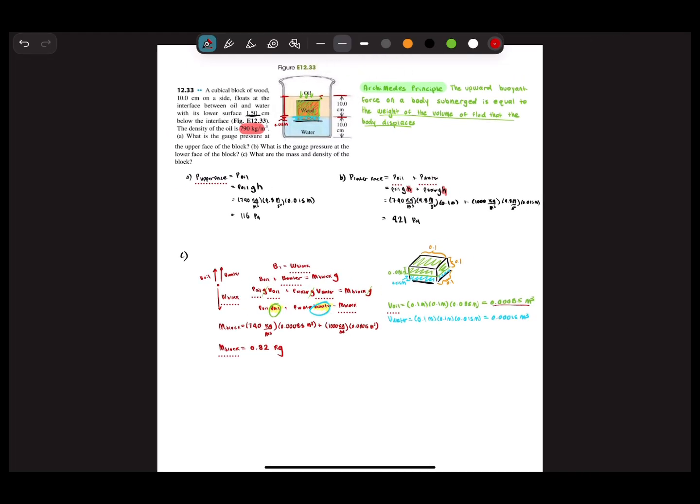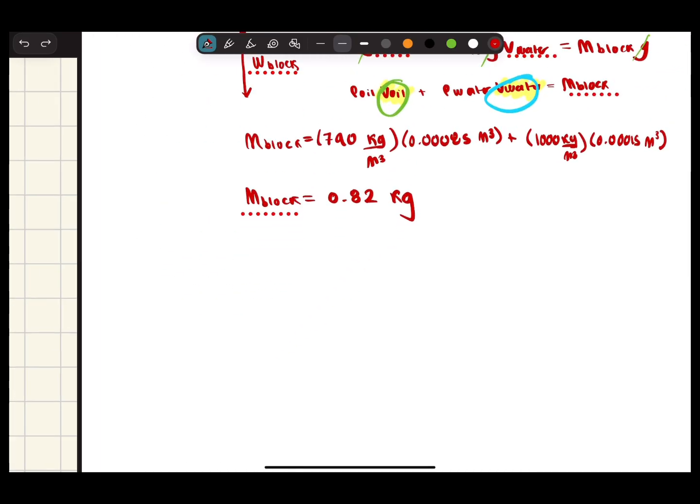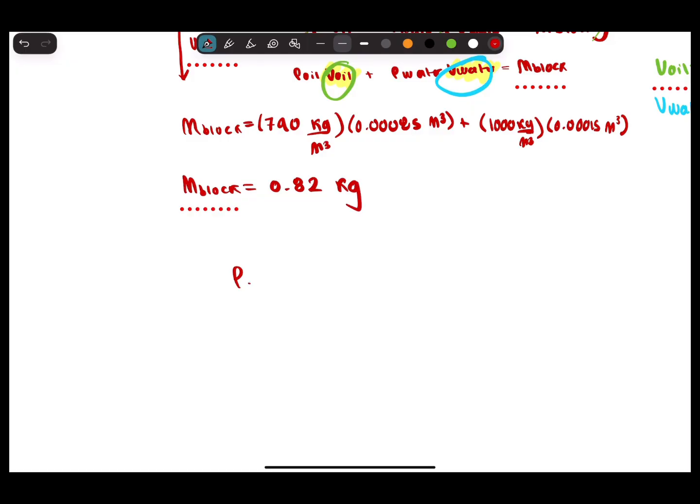The second part of part C asks us to find the density. And this is a very simple task because we know density equals mass over volume. We know the mass of our block is 0.82 kilograms.